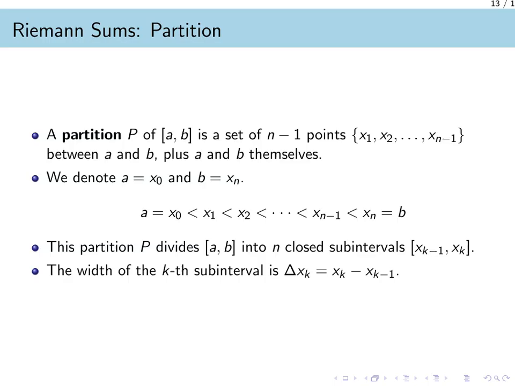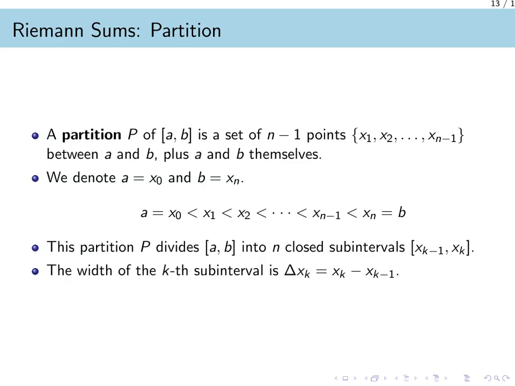To make our area approximation method precise, we first need a formal way to divide the interval from a to b into smaller pieces. This is accomplished using what we call a partition. A partition, which we label with a capital P, is simply a set of points along the interval. We begin by relabeling the endpoints.